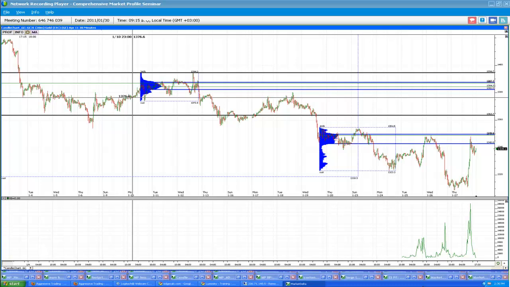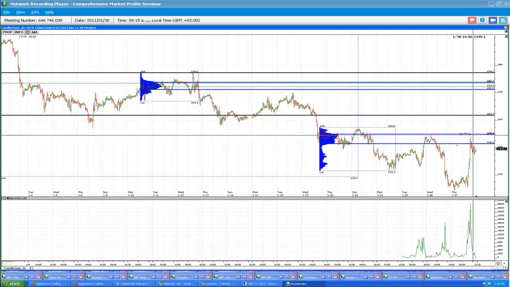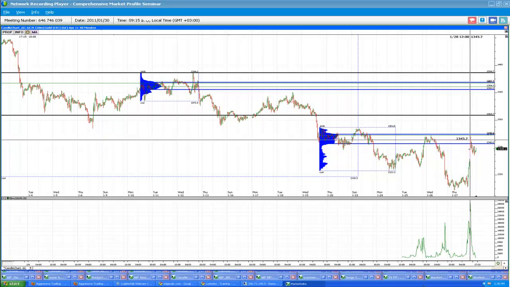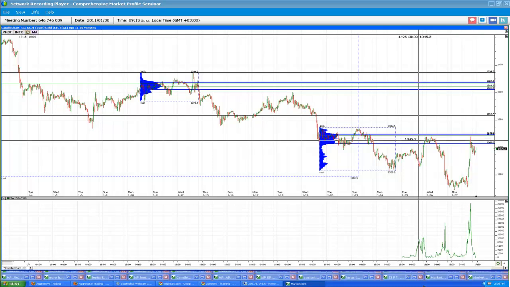Okay, now right now it's rallied back up into this little balance here, and it stopped. Now, do you want to automatically short it at this little balance? Okay, if it comes back up here to 45 to 50, do you want to go short here? And if you do, explain why. Okay, you said you don't.